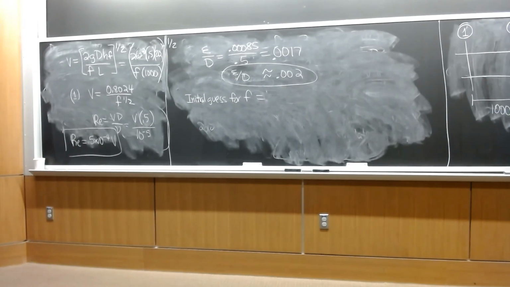That is the right-hand side of the Moody diagram. And we need it a little smaller on the one on the screen here so we can read it over to the left to see what the friction factor values are. I actually used the version in the book, and just eyeballing it, it's about 0.025.